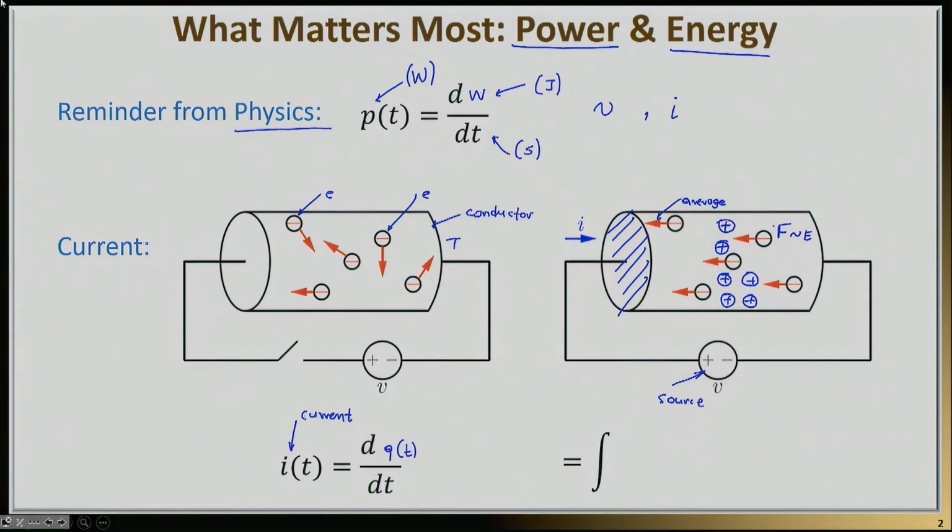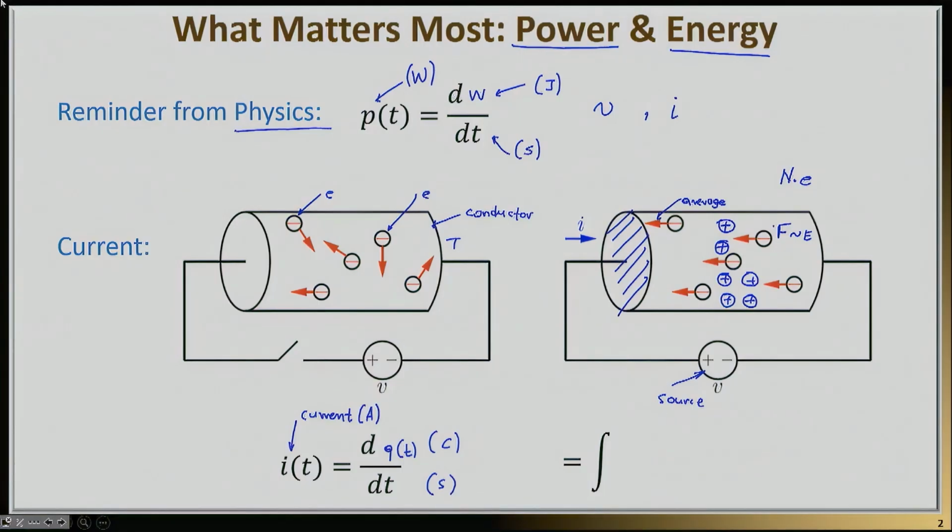If you have electrons, all you have to do is multiply the number of electrons n with the electron charge to find the total amount of charge moving through that cross-section. So once again, the current, which is measured in amps, is the rate of change of charge, in coulombs per second, flowing through a cross-section.